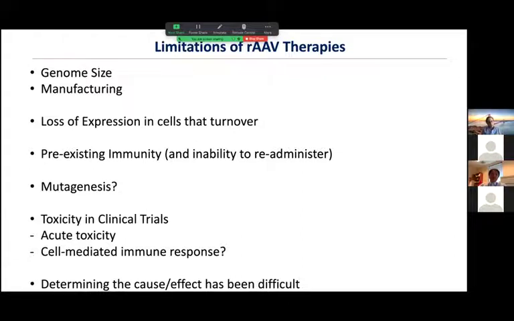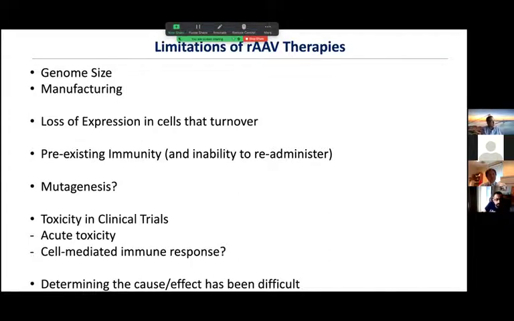There are toxicities that are acute, and again, even within this acute category, there are differences, and what the exact causes are is still unclear. There's a cell-mediated immune response that can result, for example, if you give it to the liver or you get capsids in the liver, that you can get a transaminitis or elevation of liver enzymes that results in the destruction of the transduced cells.